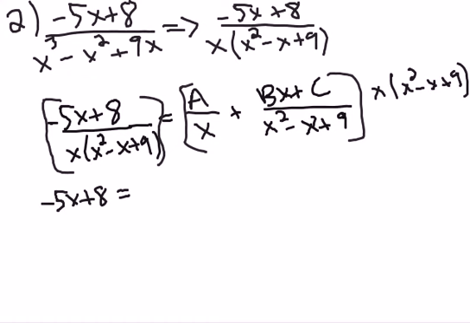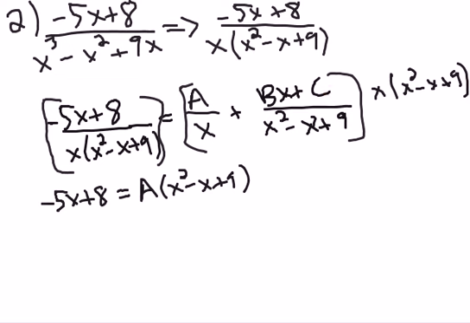So just imagine that this is also written over here in this small space. So I'm going to have a times x squared minus x plus 9, because the x here and here cancels. And then for the next one, all of this cancels, and I'm left with x times bx plus c.